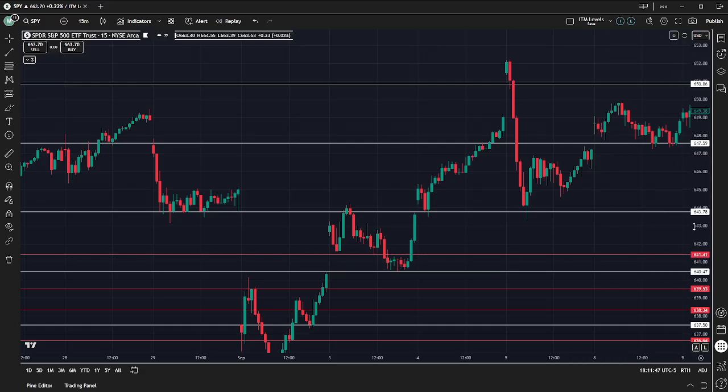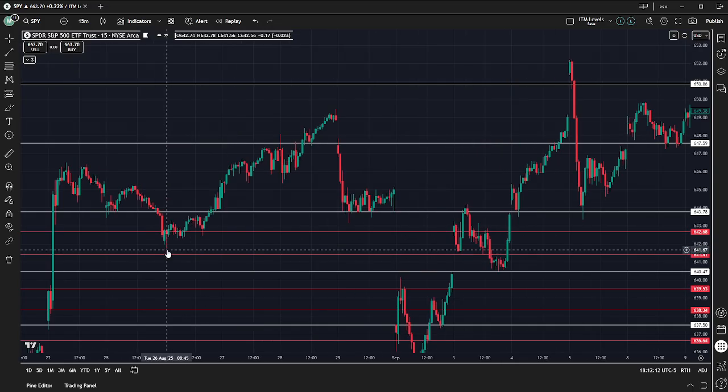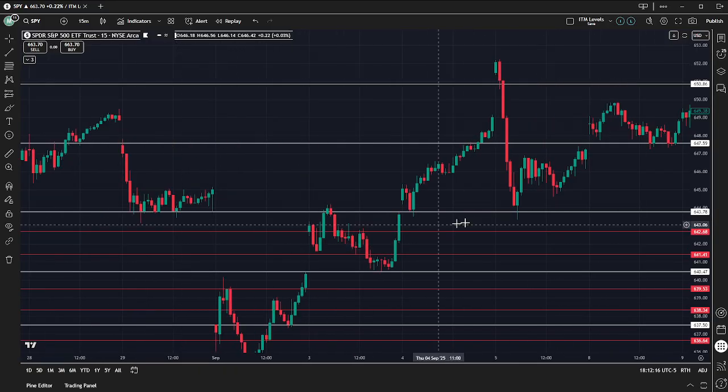Demand zone, supply zone 643.78 to 642.68.